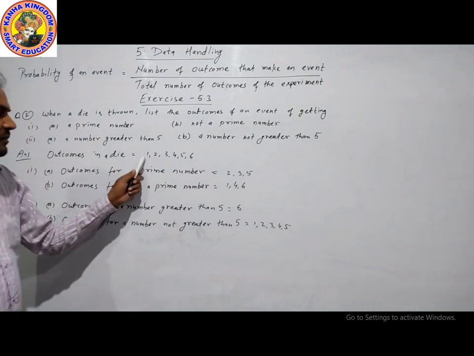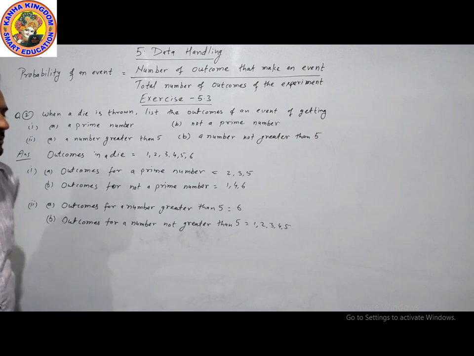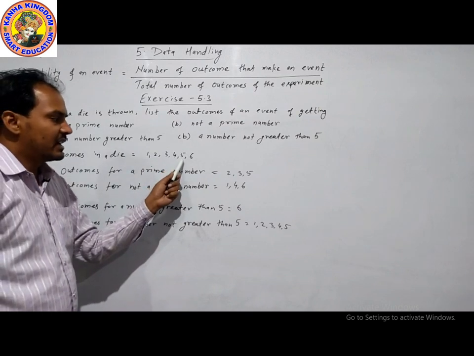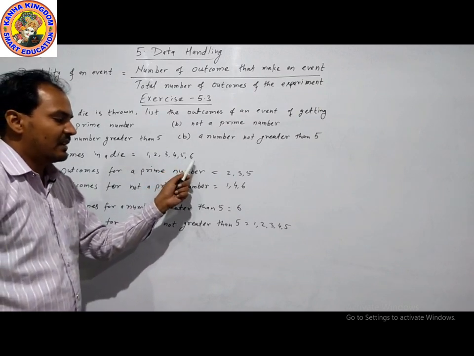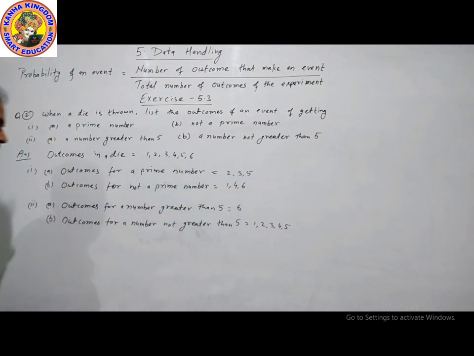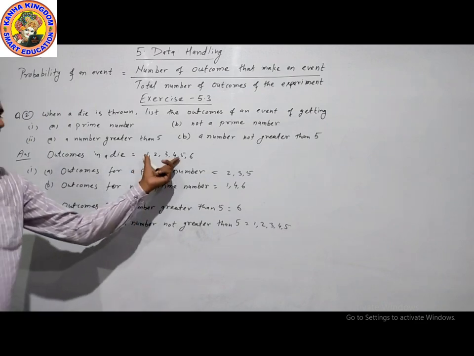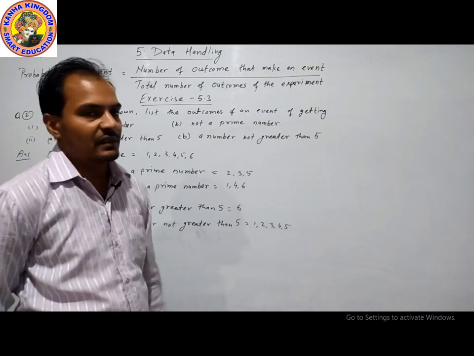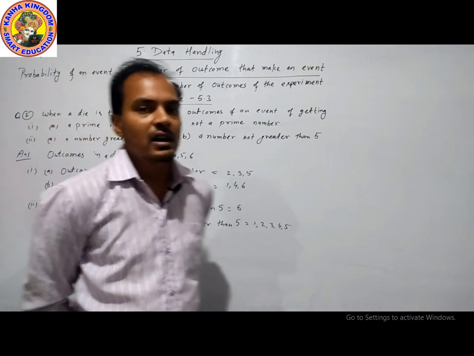Not a prime number: 1, 4, 6. A number greater than 5: 6 is greater than 5, only 6 is our answer. A number not greater than 5: 1, 2, 3, 4, 5. These outcomes are our answer.